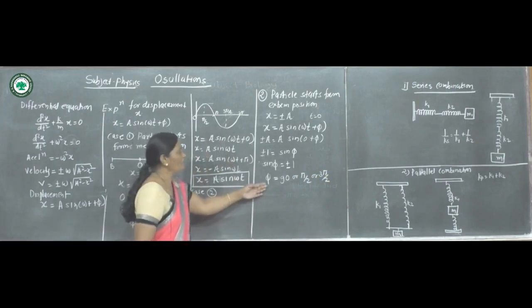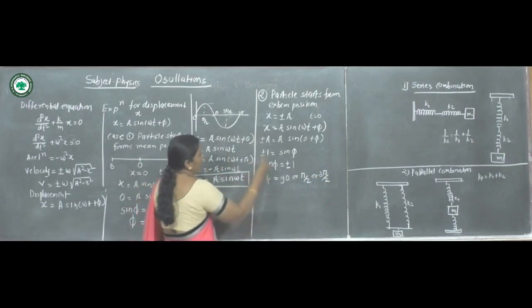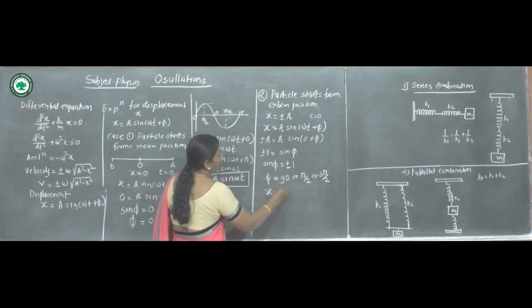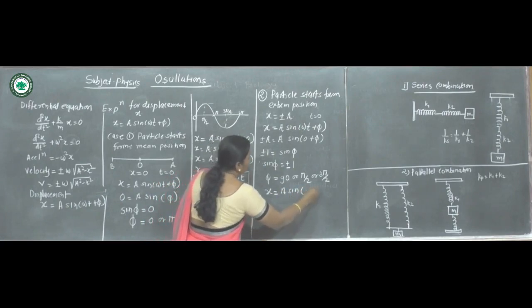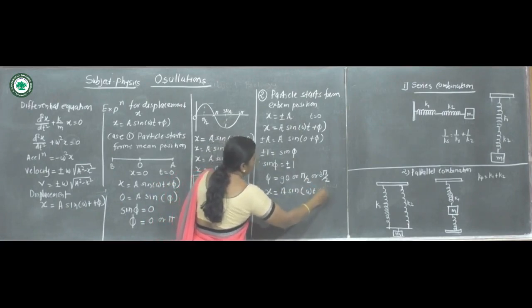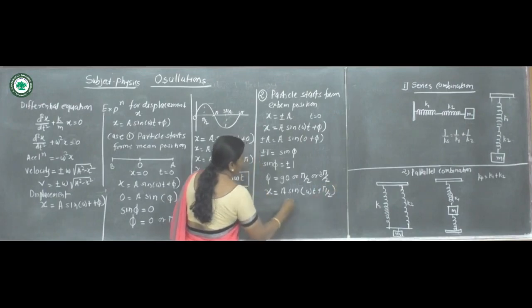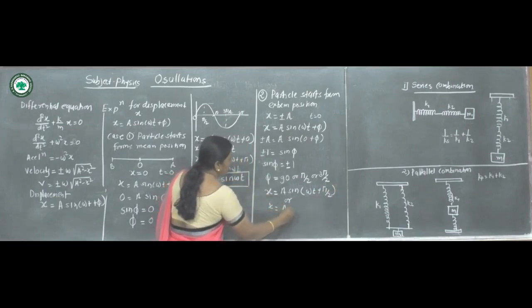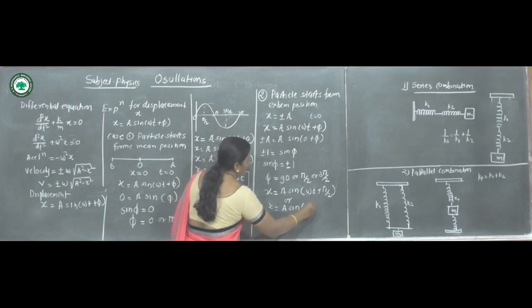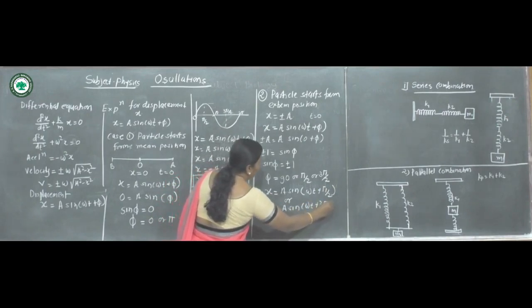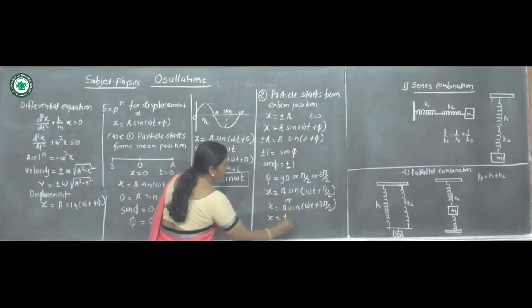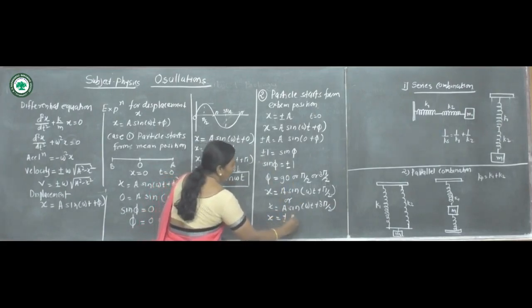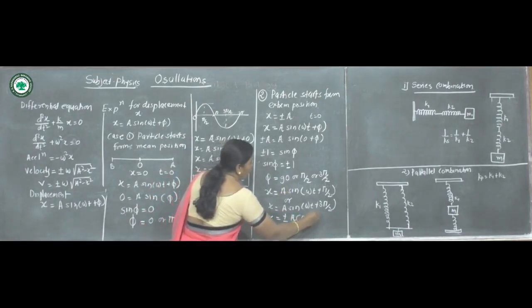This is the value of phi, and if we substitute here, we get x is equal to a sin omega t plus pi by 2, or x is equal to a sin omega t plus 3 pi by 2. It gives the value, that is x is equal to plus or minus a cos omega t here.